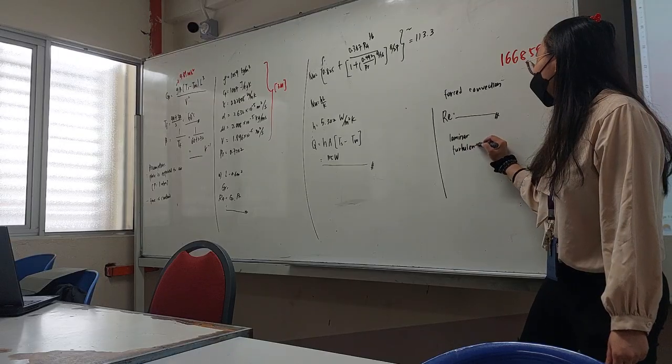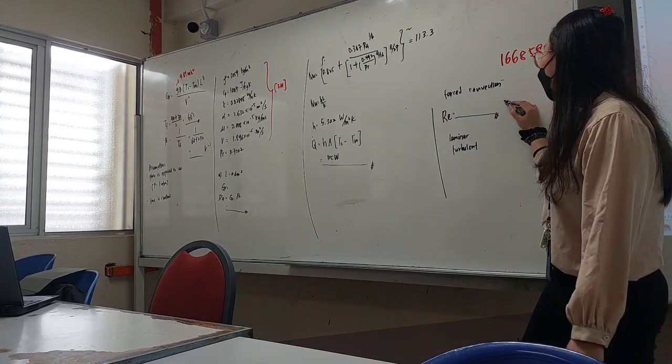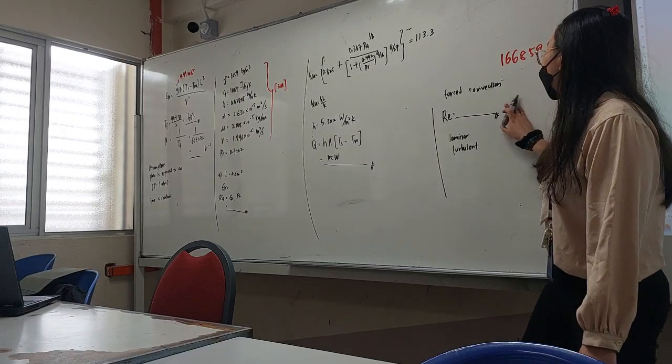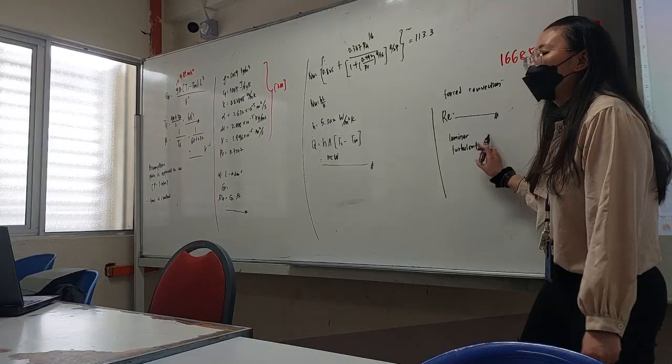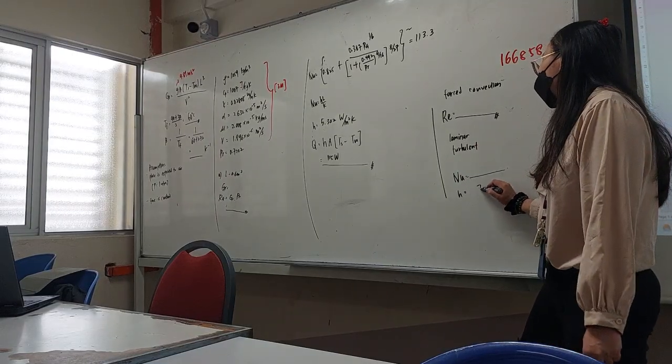So you have the value, like 2,300 and so on. That value you need to memorize. Then you identify laminar or turbulent. Then you get your Nusselt number equation and calculate the h value.